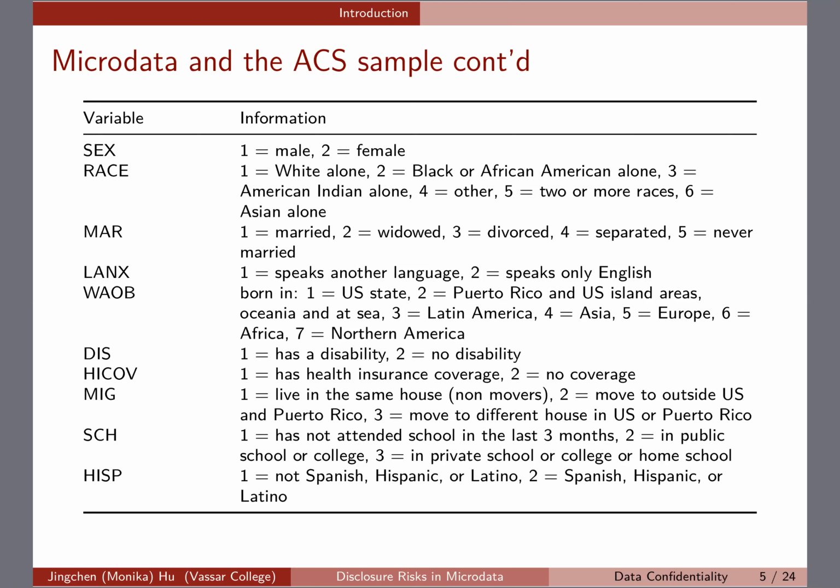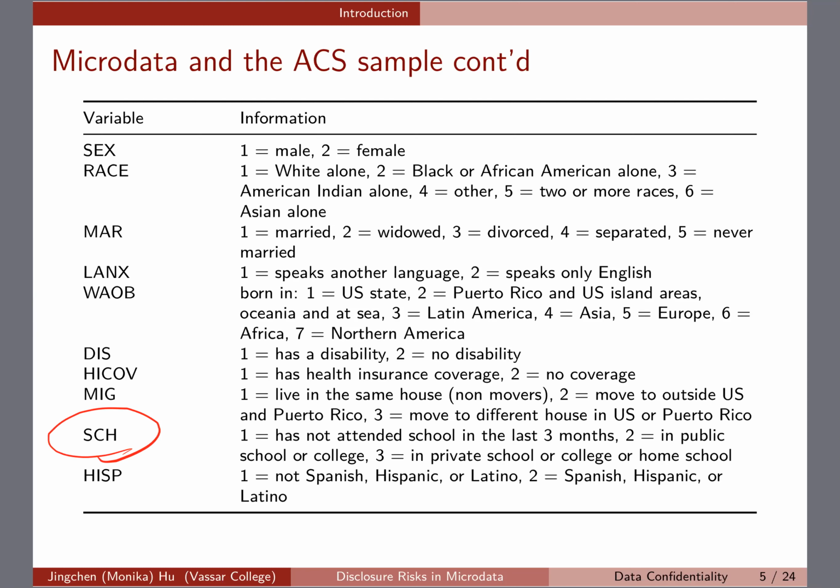But of course, things change, and this is at a particular time point. For variables like what Henrik was suggesting, like school, right? Is this one? Yeah, three categories: not attending school in the last 3 months, in public school or college, or in private school, college, or homeschool.